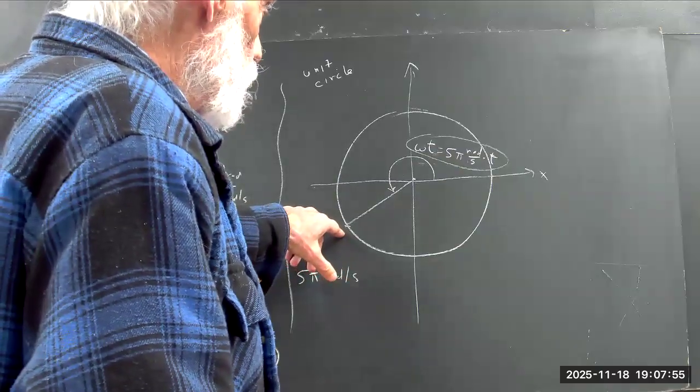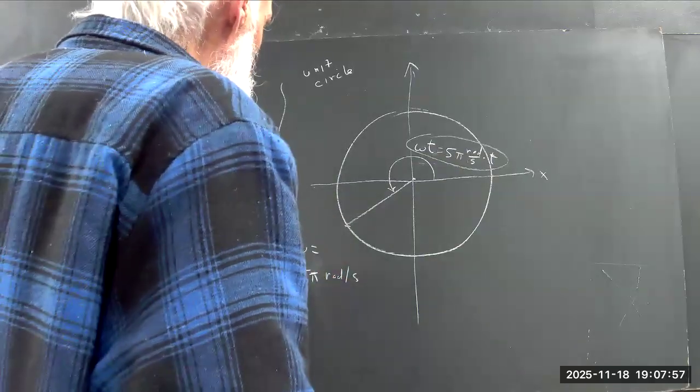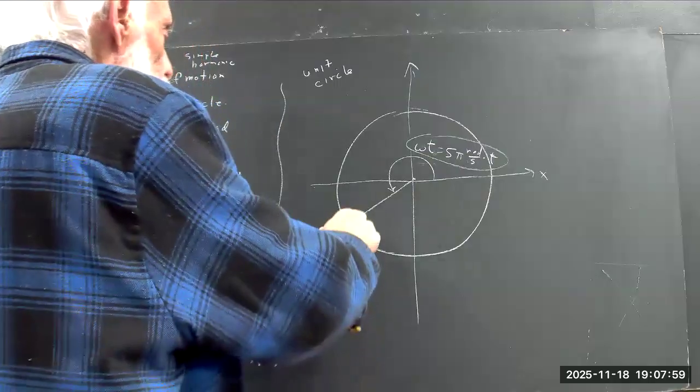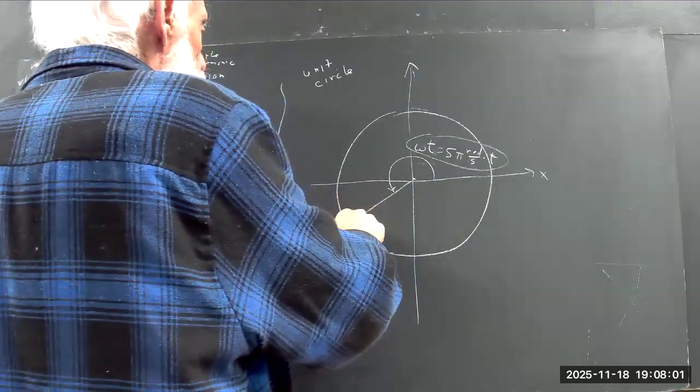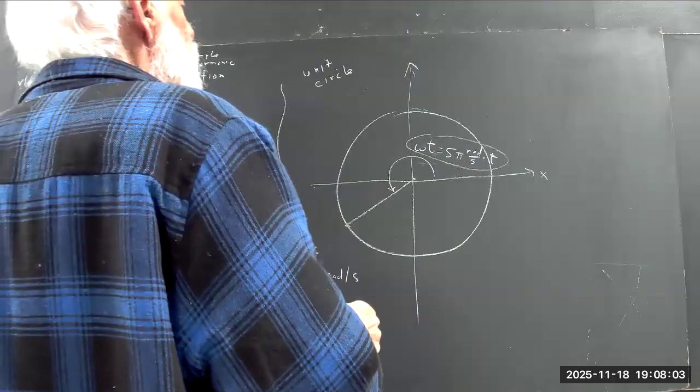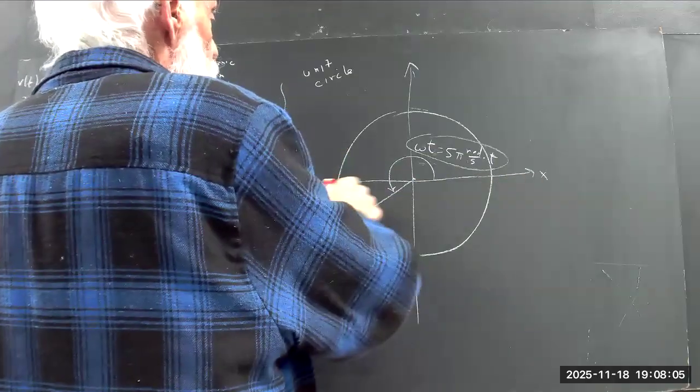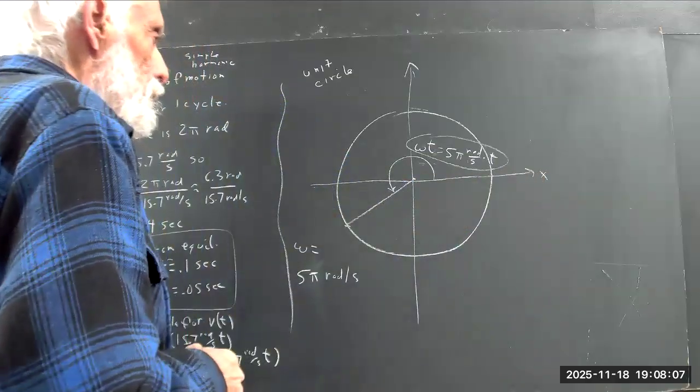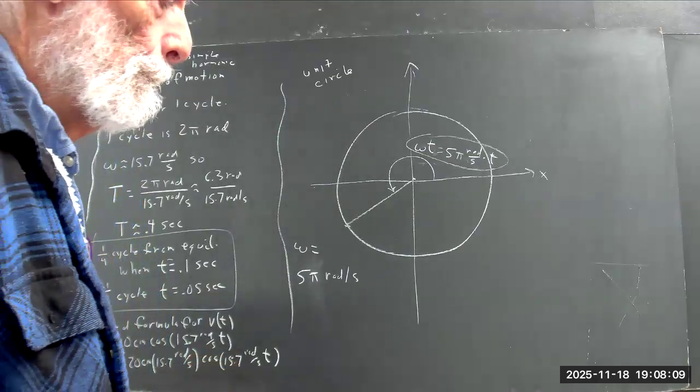So if this is where we are at time t, then that's where we are in the circle at time t. What's our position on the x-axis at that time?